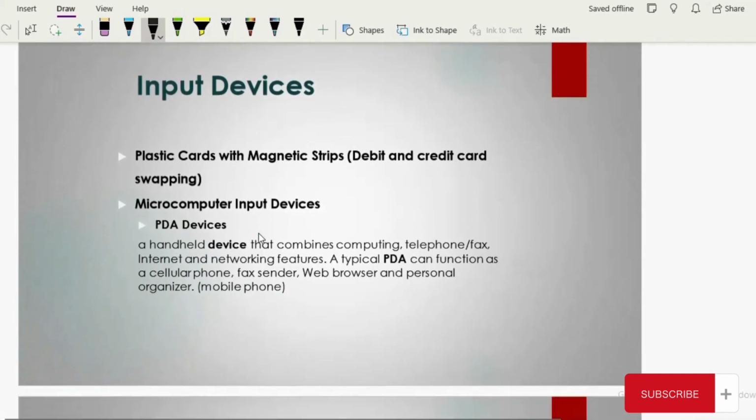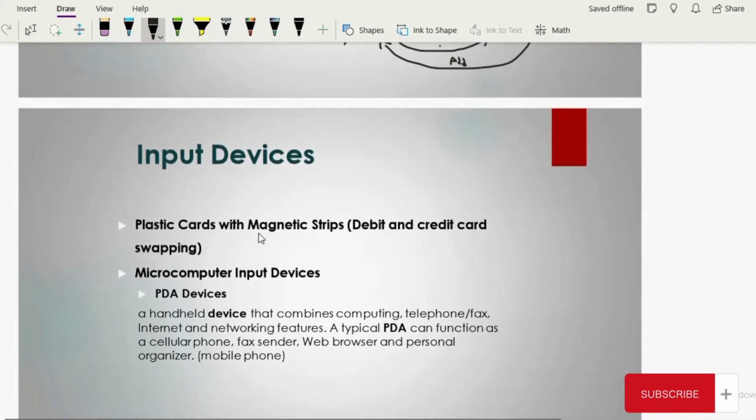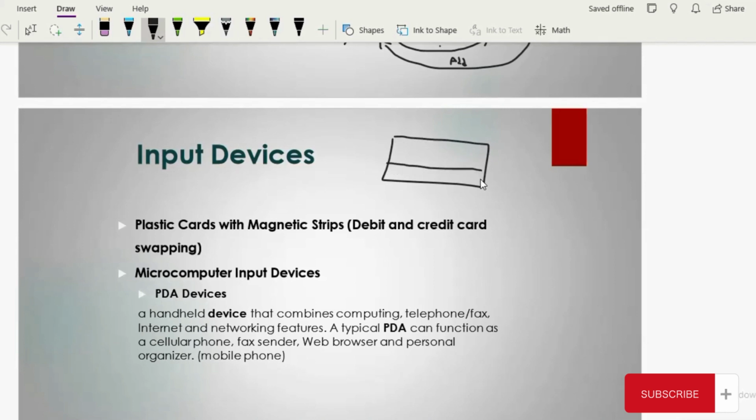Moving on to the plastic card with magnetic strip. So think about the debit or credit cards you have. This is your card. It has a black strip on its back. This is known as a magnetic strip.